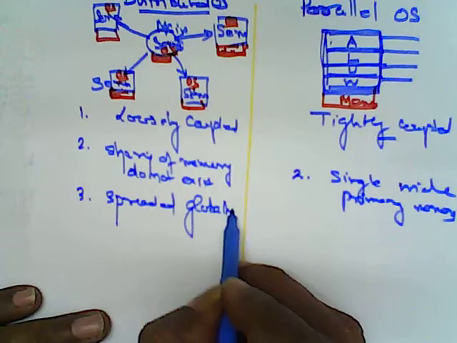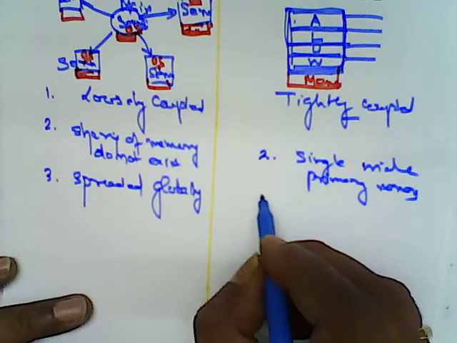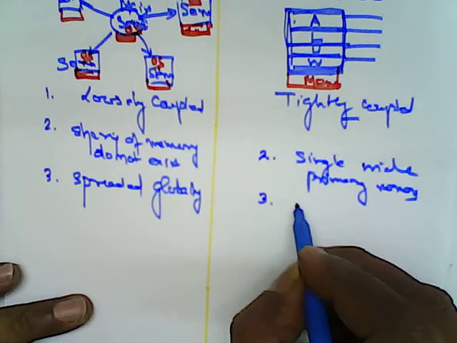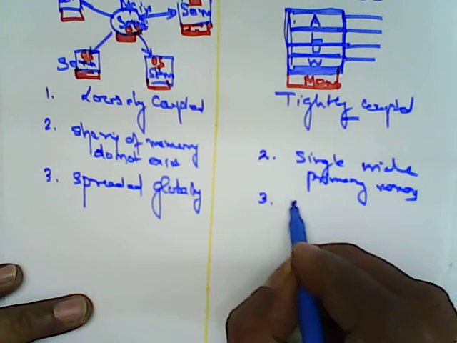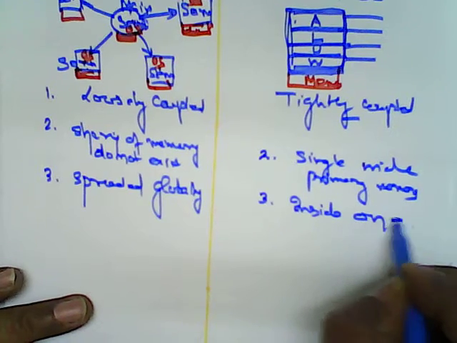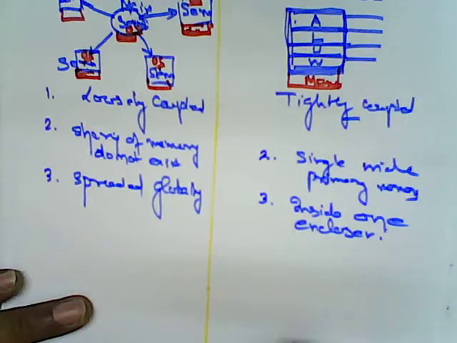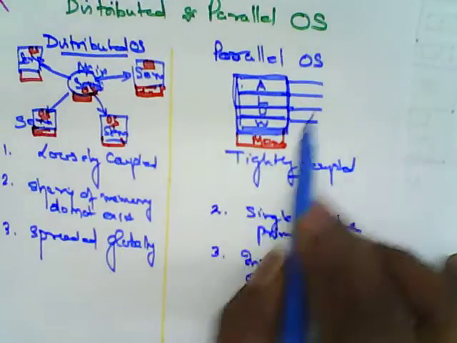Whereas in the case of parallel operating systems, it is inside one enclosure, because everything is within one block.